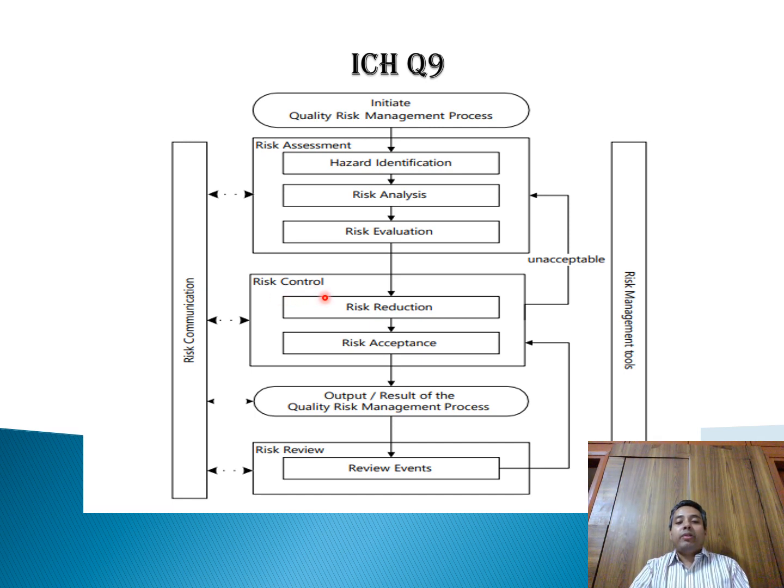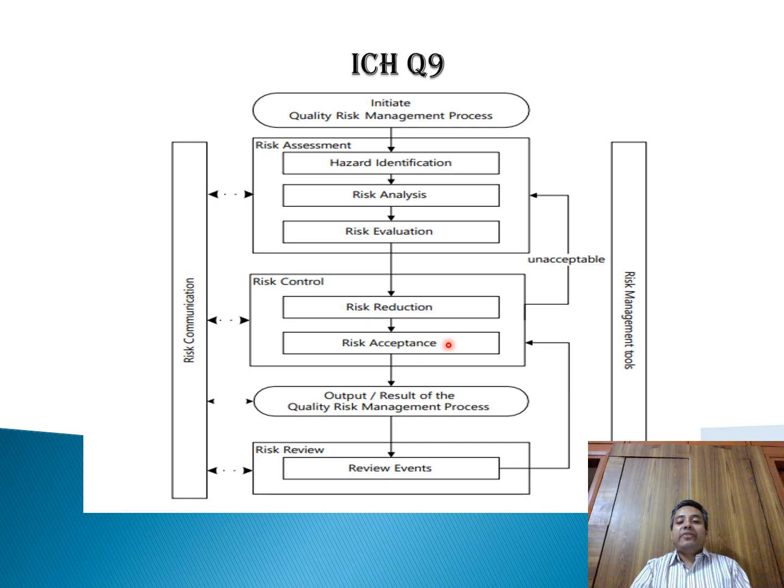Under the risk control process, two steps are involved, known as the risk reduction process and the risk acceptance process. Risk reduction is action taken to minimize the probability of occurrence of harm and the severity of that harm. And risk acceptance is the decision to accept the risk. If the identified risk is classified as low risk, then the risk can be accepted and no mitigation plan is required.